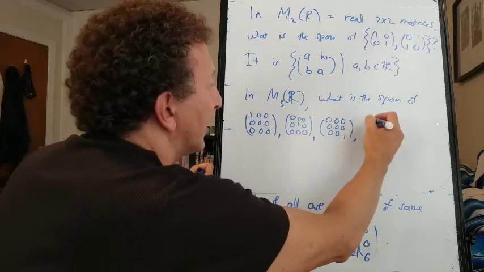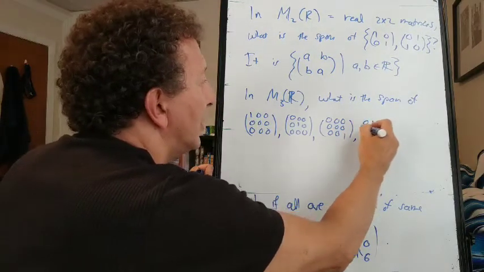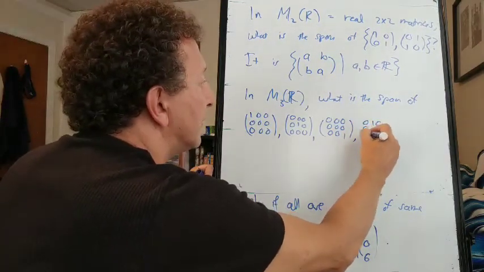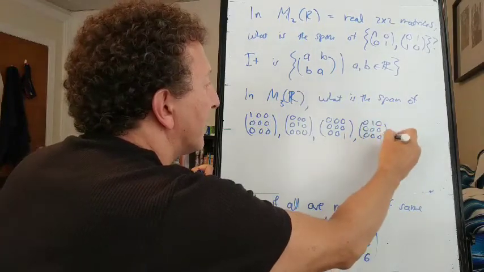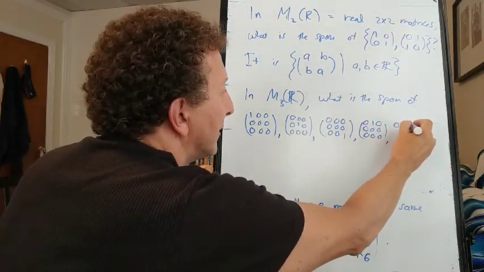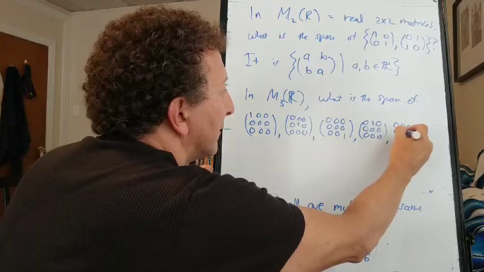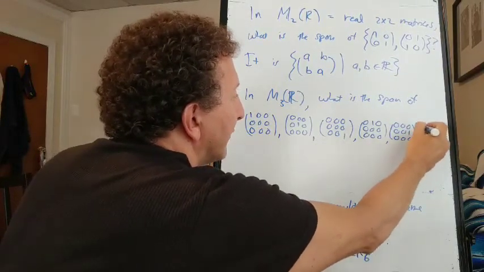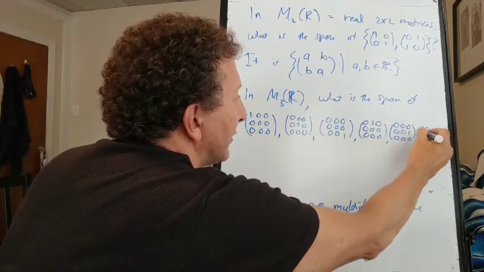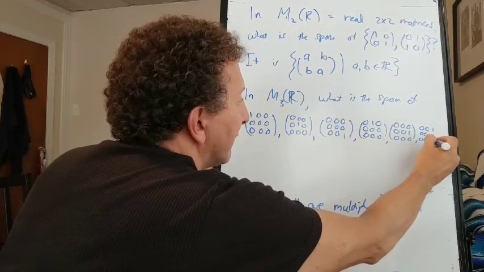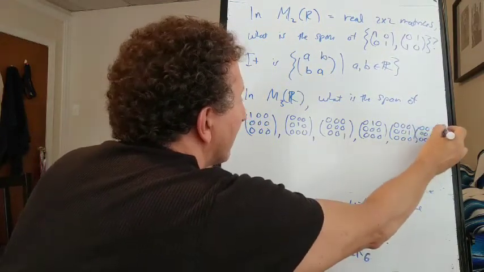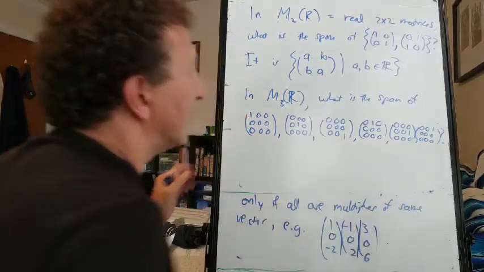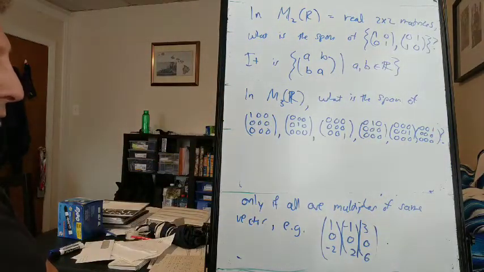And then a 1 in position 1,2, a 1 in position 2,3, and finally a 1 in position 1,3. So what is the span of these 6 matrices?